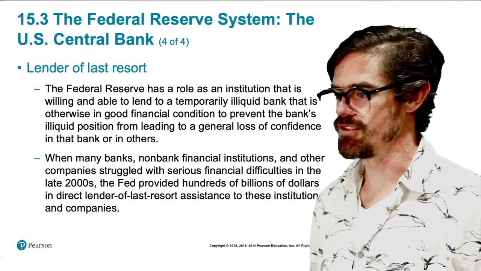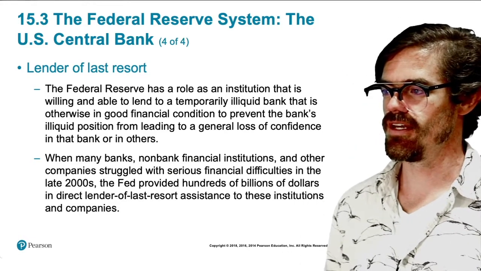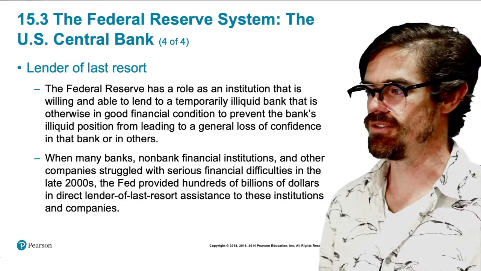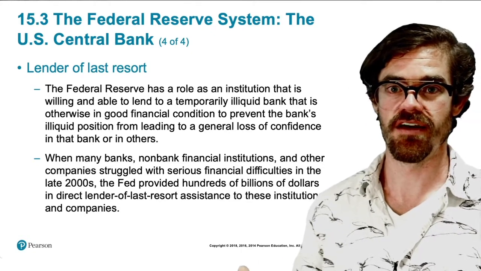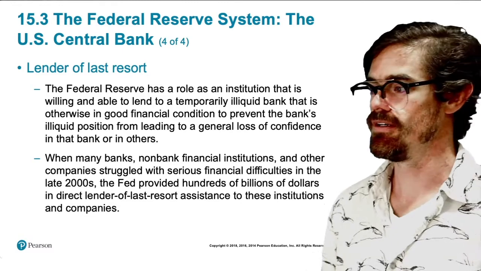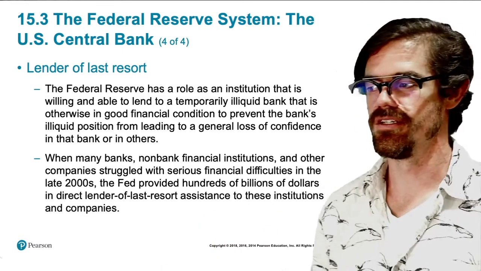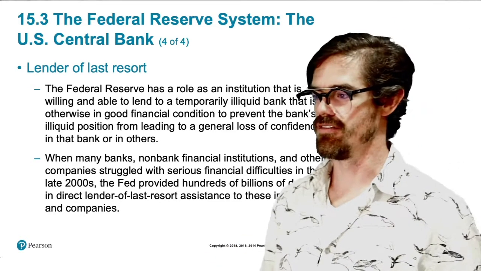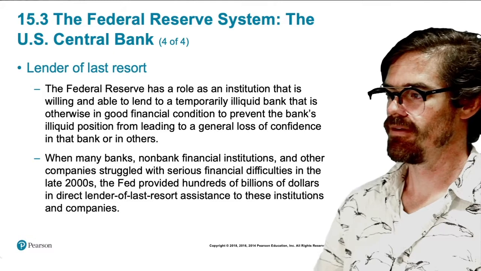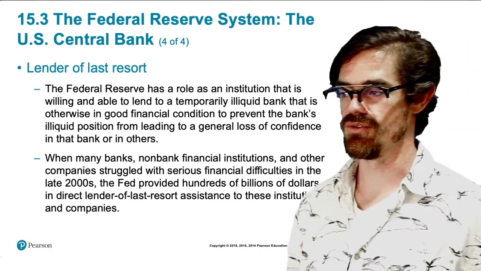Looking at this in more detail, the Fed has a role as an institution that is willing and able to lend to a temporarily illiquid bank. That means the bank doesn't have enough cash to operate, but would, in otherwise normal conditions, be in good financial condition. And it does so to prevent a loss of confidence in that bank or sometimes in other banks.